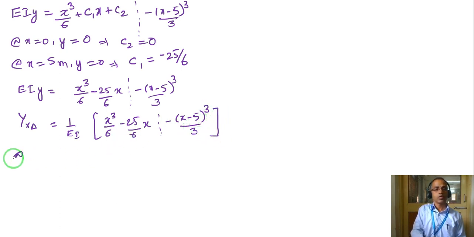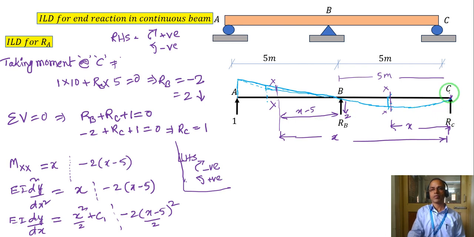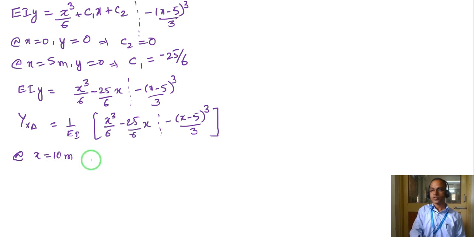Now see, at x equal to 10 meter, that means at the support A, this is the total deflection, which we call YAA. Substituting x equal to 10 here, I get 83.33 by EI.